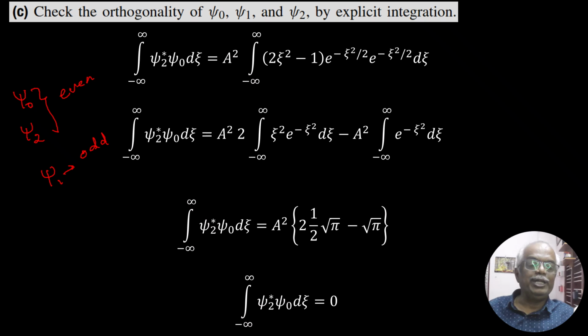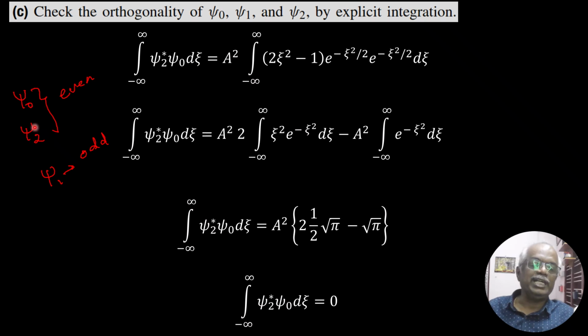So if you multiply psi 1 and psi 2, you will get an odd integrand. Naturally, it will be zero within the symmetrical limit. So you need not check psi 1 with psi 2, or psi 1 with psi 0, because this is odd. So an odd integral between the symmetrical limit will be 0.